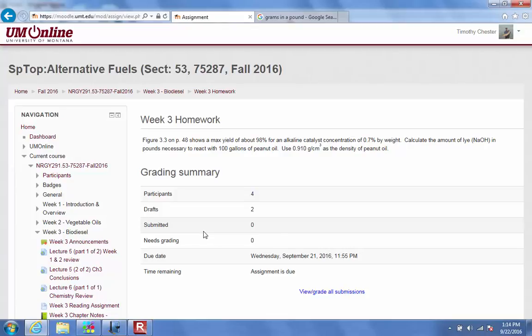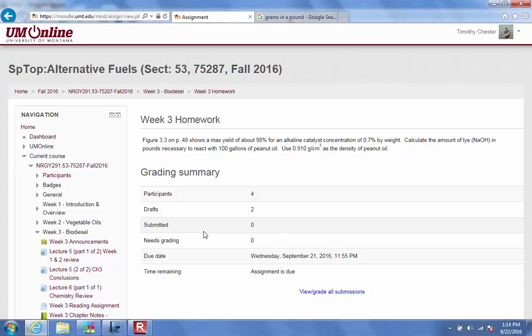That's useful information because at least now I know what units I'm working with. And necessary to react with 100 gallons of peanut oil. So I have a density conversion there, and it shows 0.910 grams per cubic centimeter as the density of peanut oil.